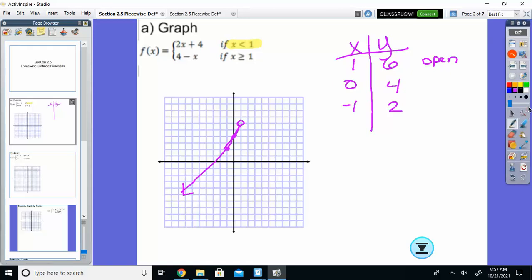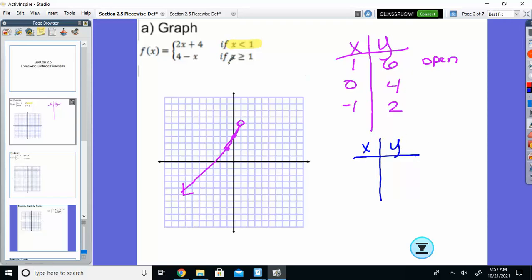Now we do the second piece. So this one is for when x is greater than or equal to 1. Since that one can equal 1, it will start with a closed circle. And then we want x's bigger than that. So maybe a 2 and a 3.